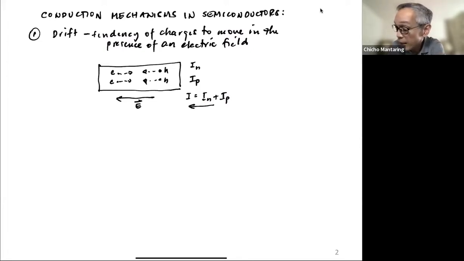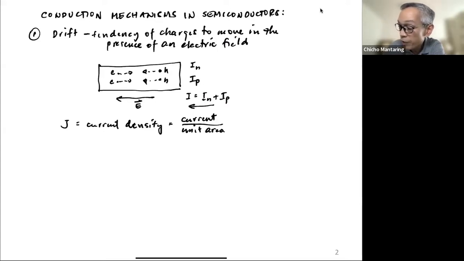Okay, we define current density as J. And this is current per unit area.